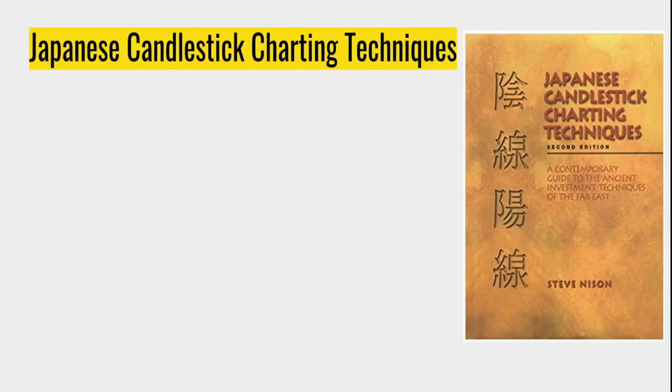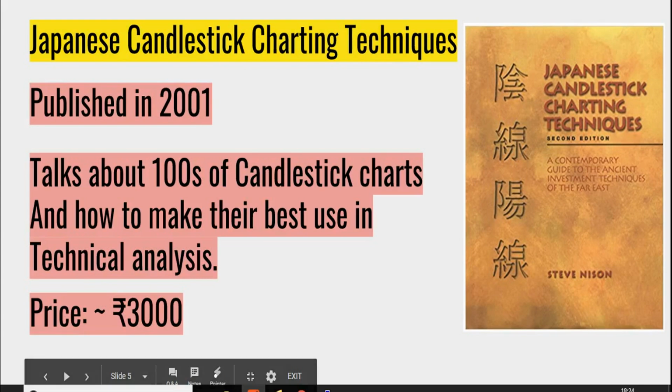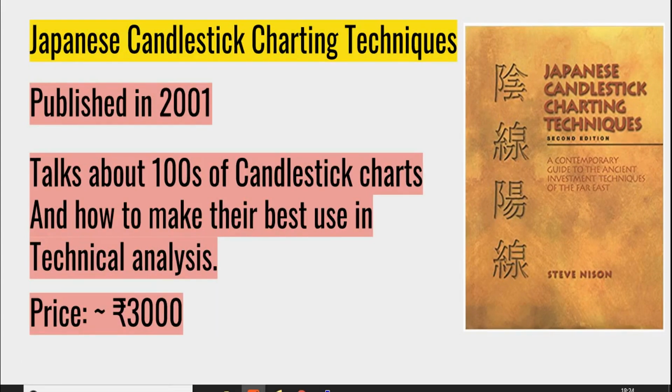In this list, the next book we have is Japanese Candlestick Charting Techniques. Now this book was published in the year 2001. It talks about hundreds of candlestick charts and also makes you understand how to make the best use of technical analysis using these candlestick charts. Now you need to understand one thing. Japanese Candlestick Charting Technique is an excellent way of knowing the price movement of the market. Now candlestick is one type of chart. There are different types of charts available.